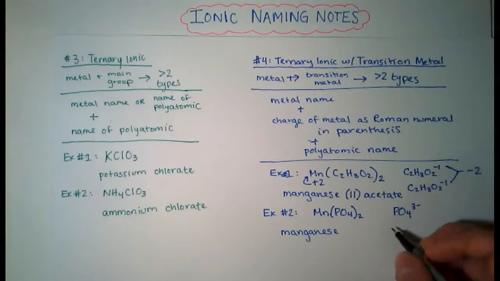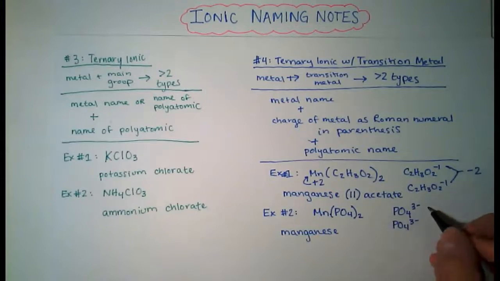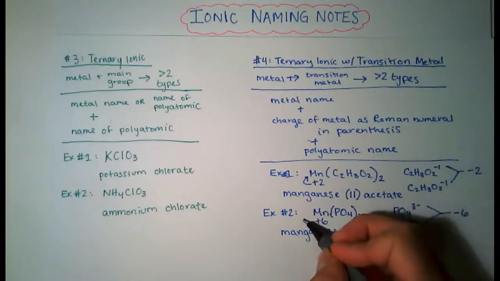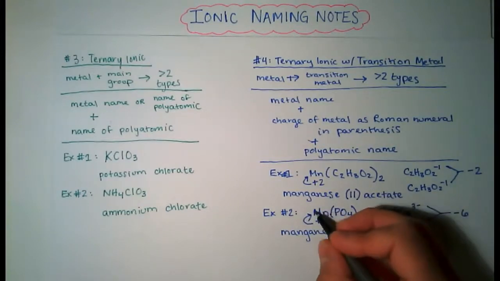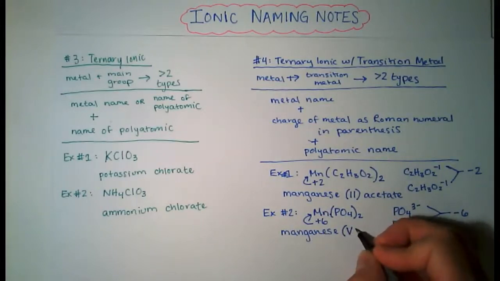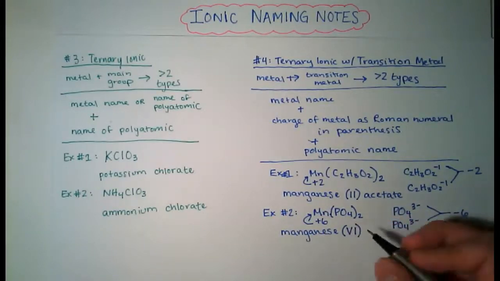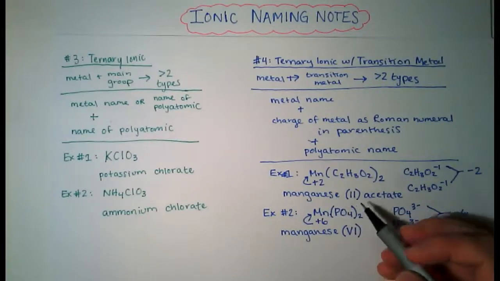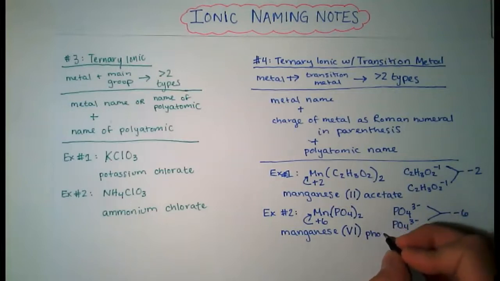But I don't just have one of those, I have two PO4s with a 3- charge, which gives me a total negative charge of -6. So I know I need +6 to balance that out, and since there's only one manganese, it all has to go on that one manganese. So this is going to be manganese 6, so that's VI as a Roman numeral, and then I'm just going to put the name of the polyatomic ion, which is phosphate.